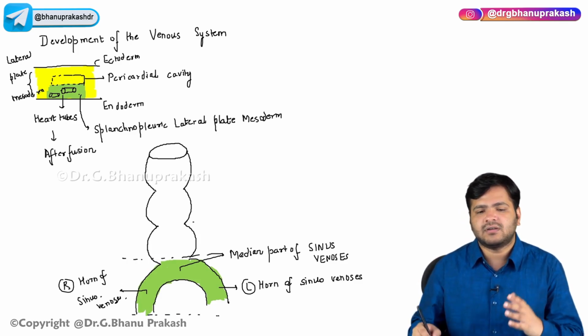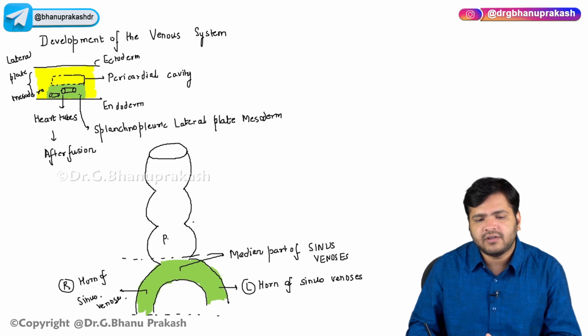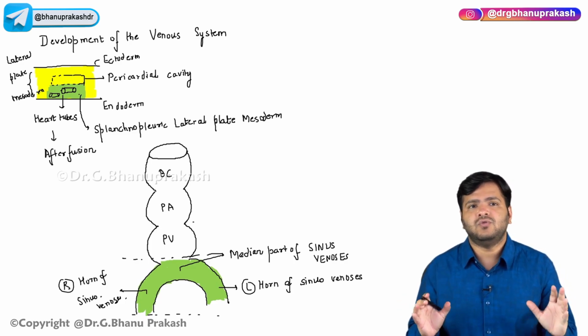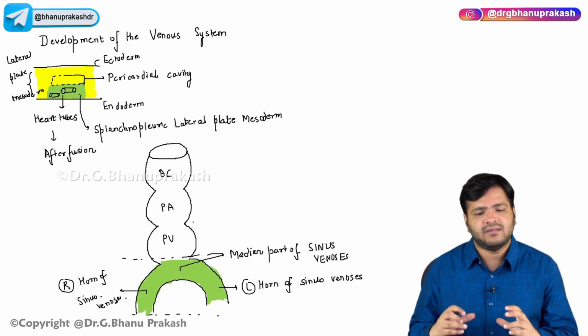Now, I'm taking this particular part out, because this is of our concern. The rest, the primitive ventricle, the primitive atrium and the bulbus cordis, as of now is of no use. So we will just concentrate on this sinus venosus and the right and the left horn. Let us take this part out and understand which veins will now drain into this part.